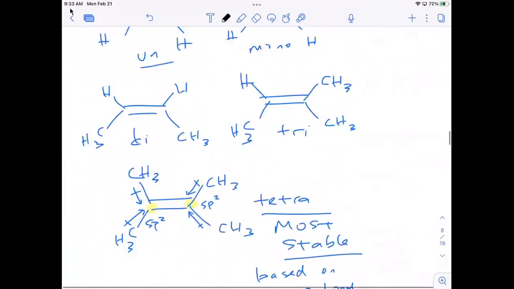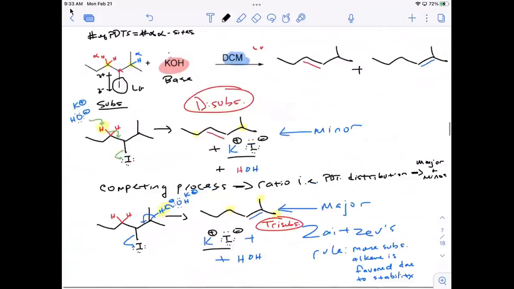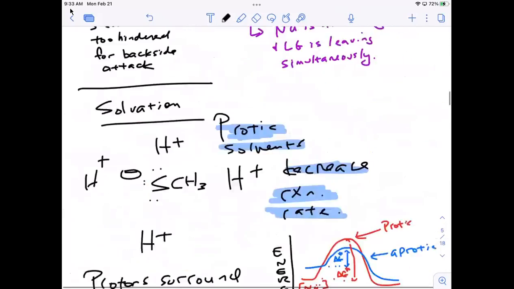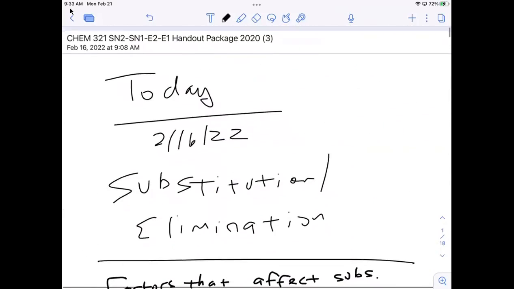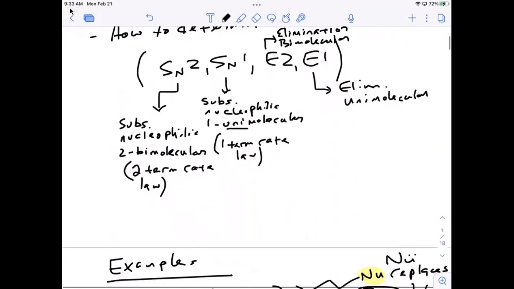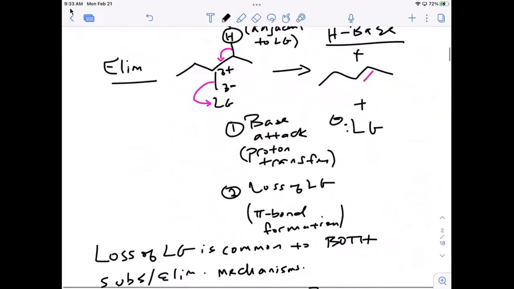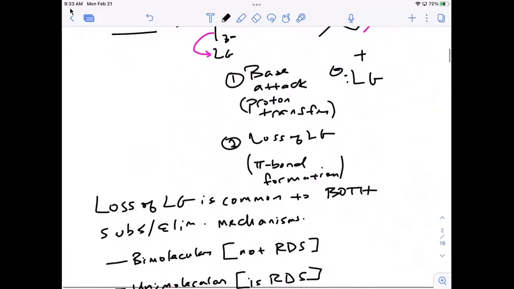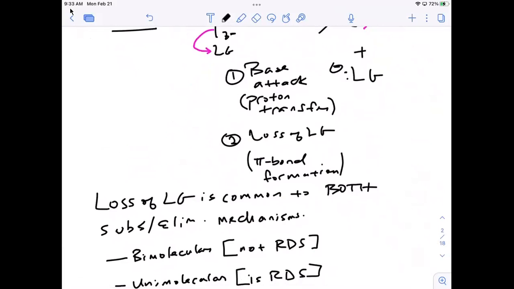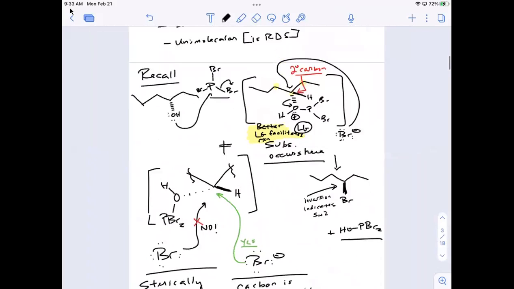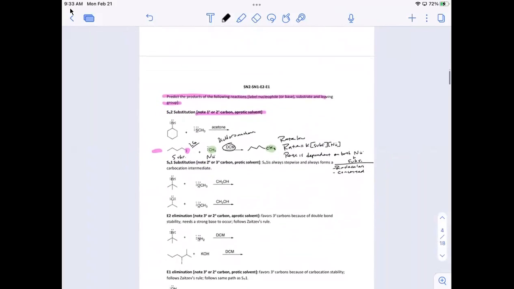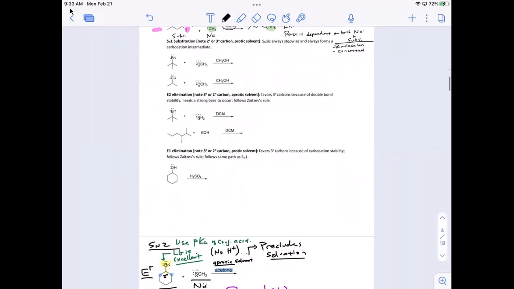All right, let's look at the E1 mechanism real quick, and then we're going to start doing some examples. I know this is a lot of information, but it's also encapsulated in the videos that I sent. I'm just trying to reinforce it here, and then we're going to do some examples. Let me find E1. All right, there we go.